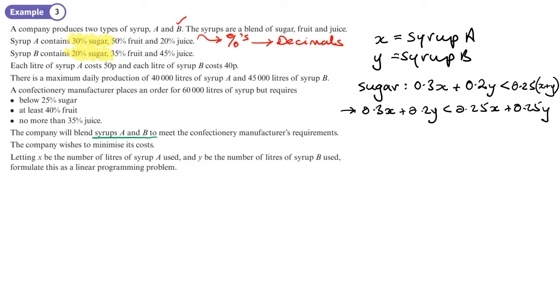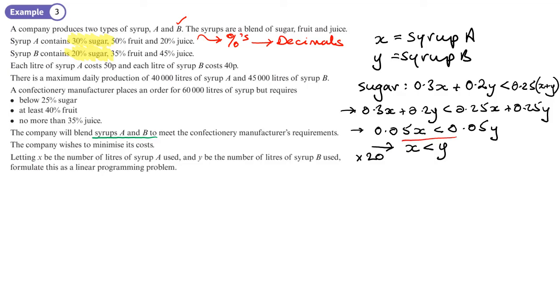If we take away 0.25x from both sides, then we will have 0.05x, and then if we take away 0.2y from both sides, we'll have 0.05y. Then we can multiply everything by 20, and it simplifies to x is less than y. Okay, so we'll highlight that.